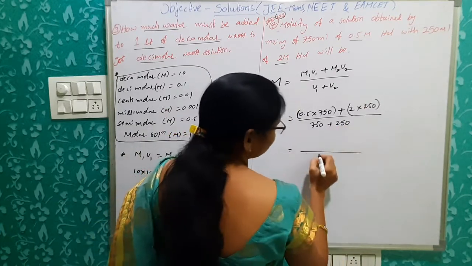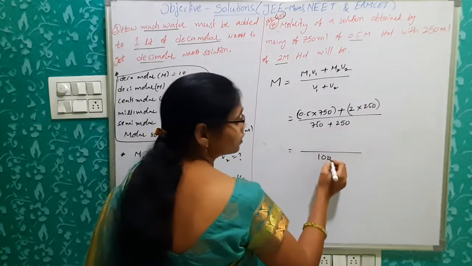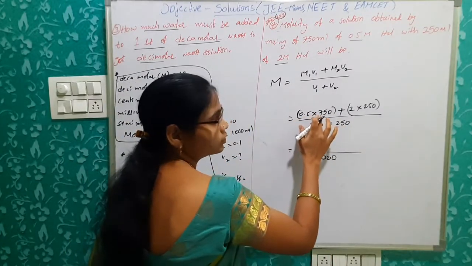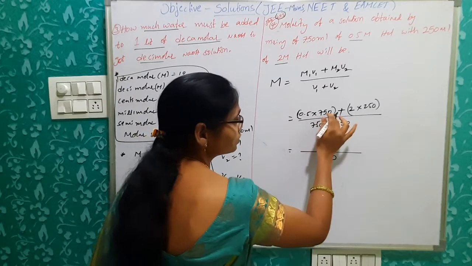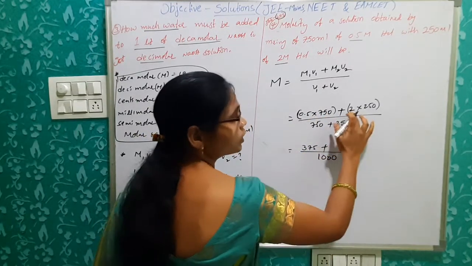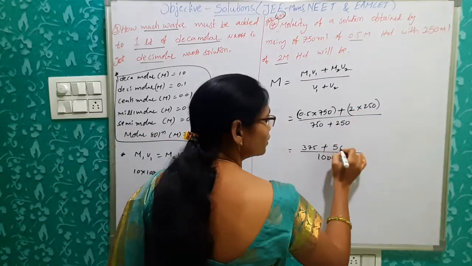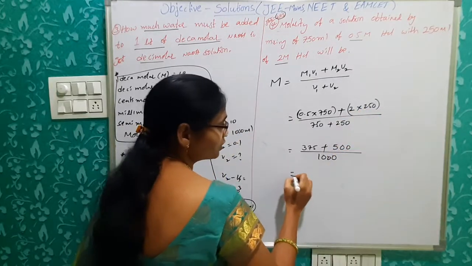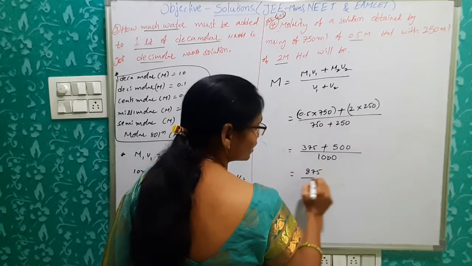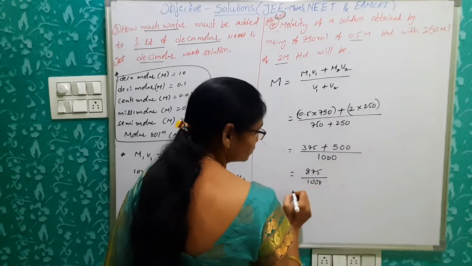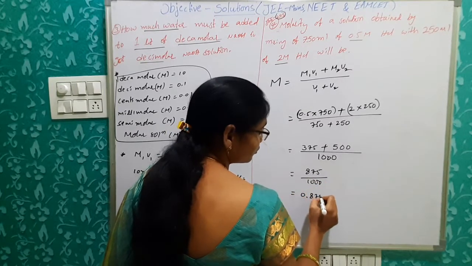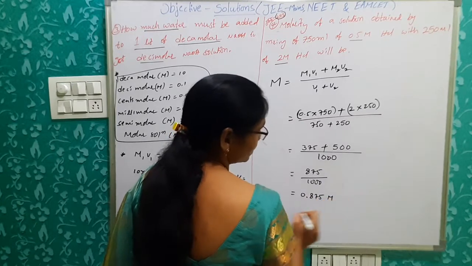So 750 plus 250 is 1000 ml. Then 0.5 into 750 is 375, plus 250 into 2 is 500. By simplifying this, 875 by 1000, that is 0.875 M molarity.